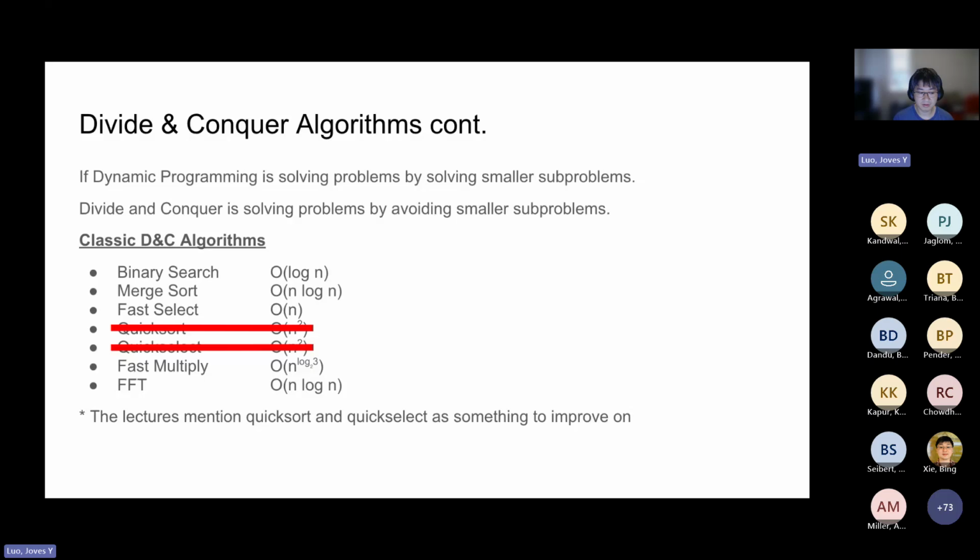So what fast select does, which I think was named by Dr. Pagoda, since fast select is not a well-known name of the algorithm. I think most people just say quick select with a median pivot strategy. But we call it fast select in this class, so feel free to just use that.